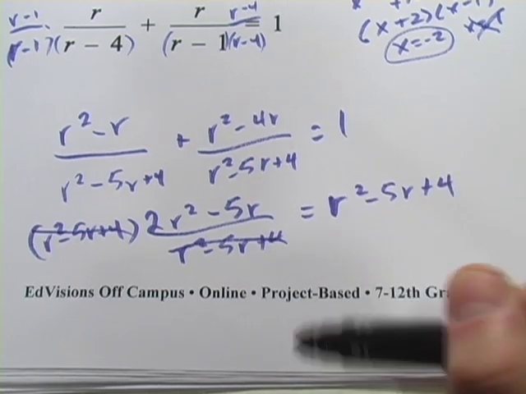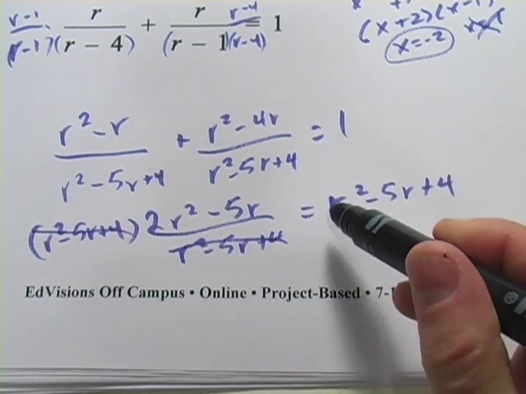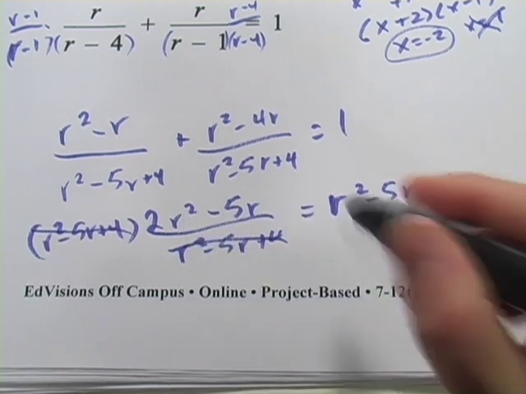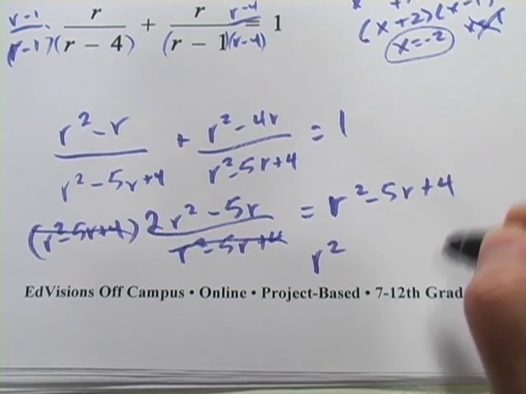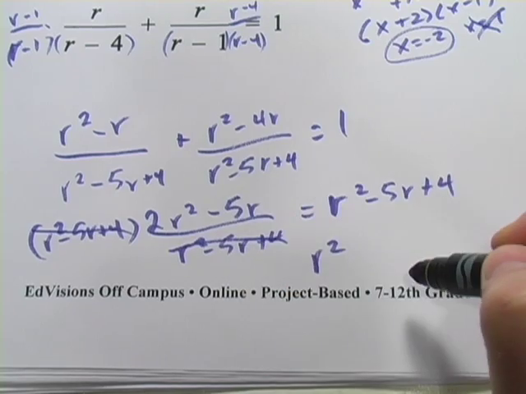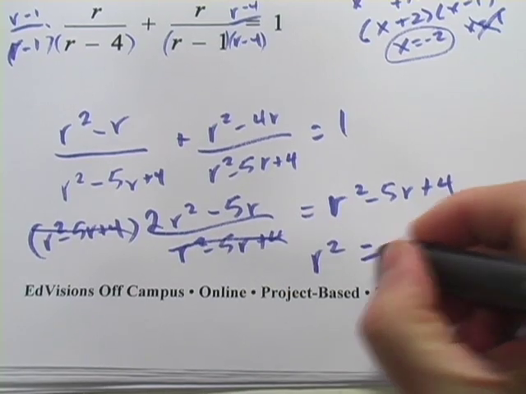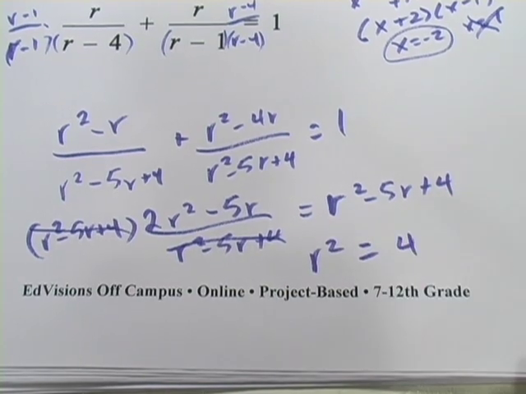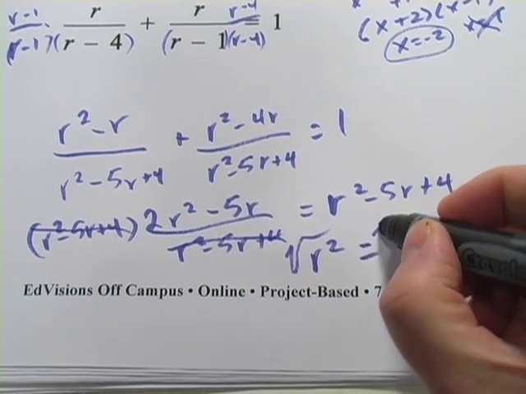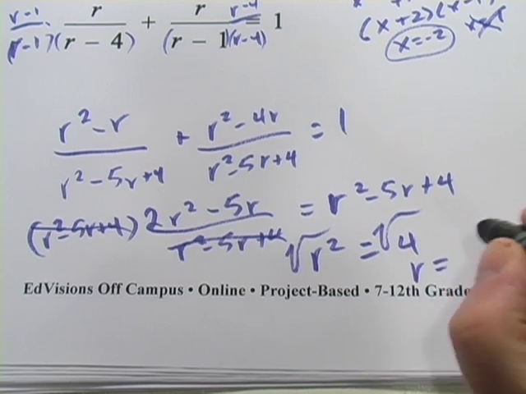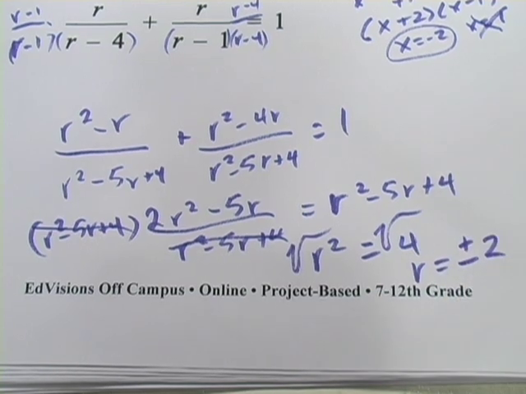And now we can rearrange to make our quadratic. I think I'm going to subtract an r squared from both sides, so we get r squared over here. So add a 5r to both sides, that r term disappears. And actually, before I do anything with a 4, I think I'll just leave it over there, because I can solve this one by the square root rule. And we get r equals plus or minus 2.